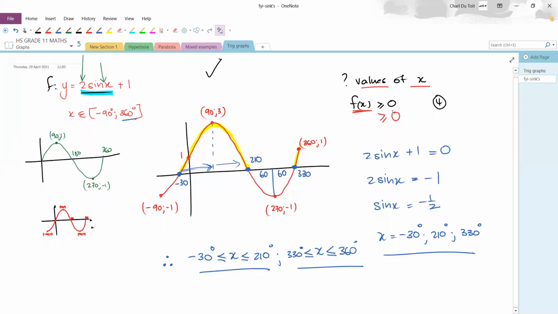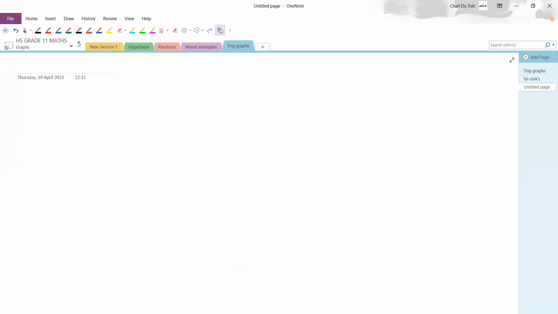Right. I'm going to test you on a cos graph on your own. I want you to draw g of x, and that equals, let's say, 2 cos 2x where x is an element of, let's say, negative 90 to 180 degrees.